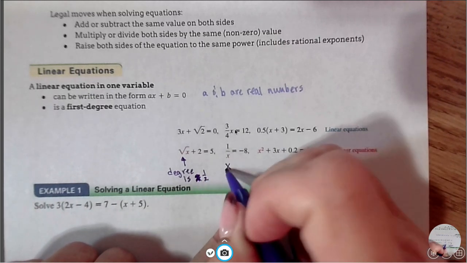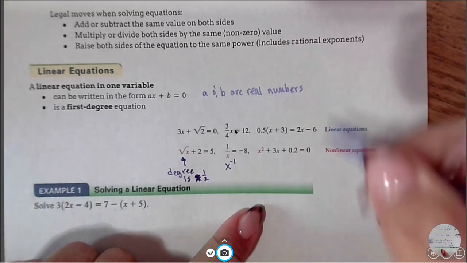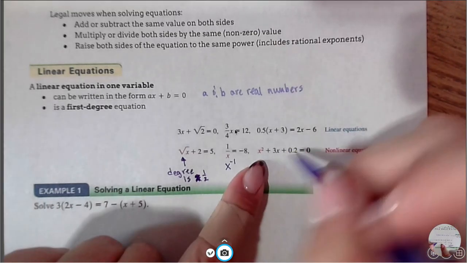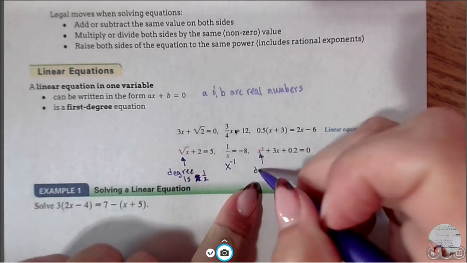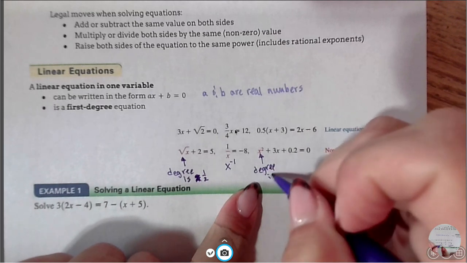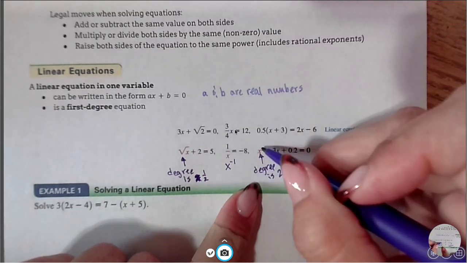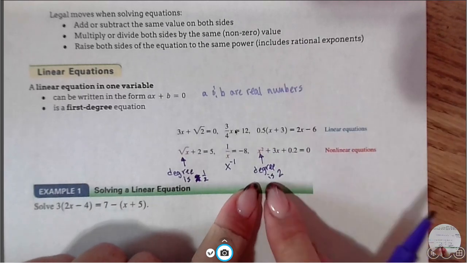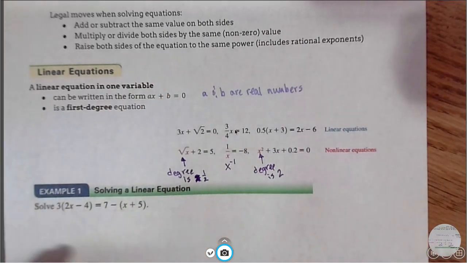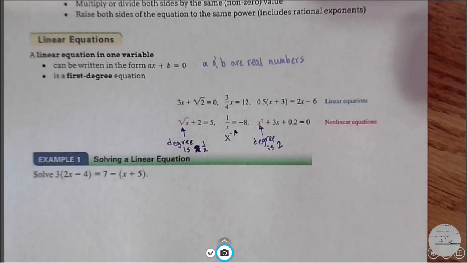So this is x to the negative 1, that degree is not 1. And then on this one, the degree is 2, because when we're looking at a polynomial, we want the highest term to be the degree of that polynomial. So these are nonlinear.